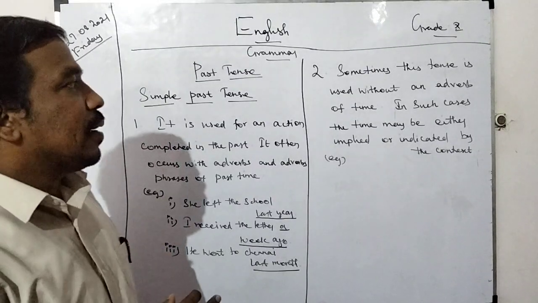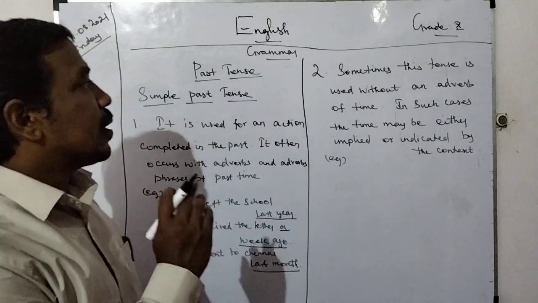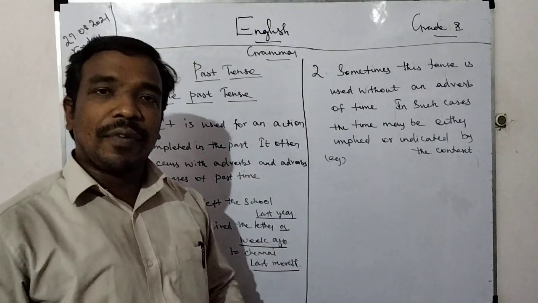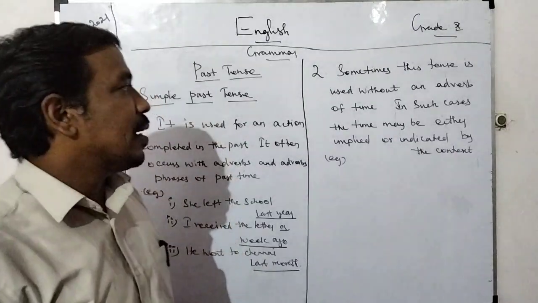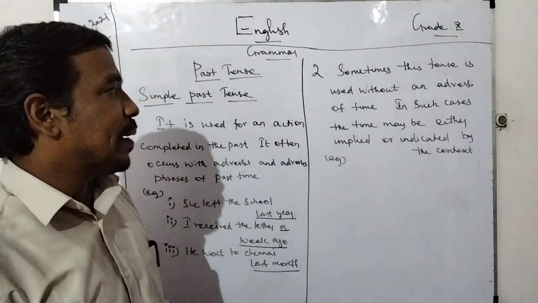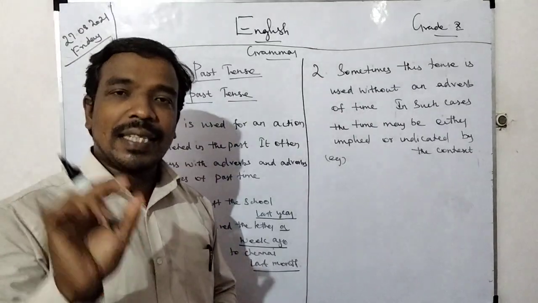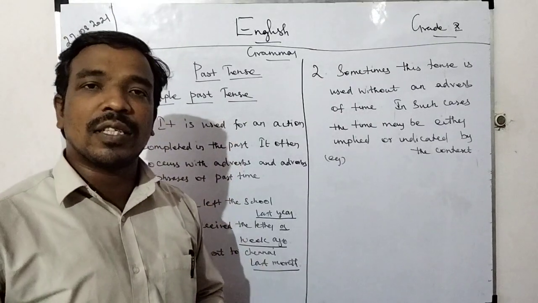Sometimes this tense is used without an adverb of time. Sometimes we may not see any adverb of time. In such cases, the time may be either implied or indicated by the context. On seeing the sentence or the structure itself, we should know.